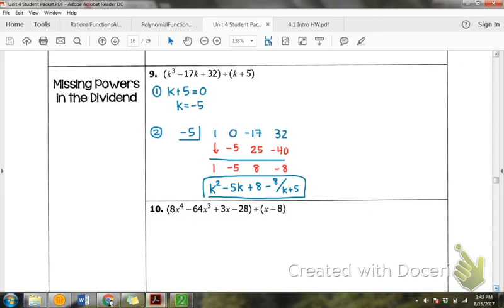So if you want to put an L next to them. 3, 5, 7, 9 on page 17 are all long division. 4, 6, 8, and 10 are going to be synthetic division. Okay? We're not going to do 11 and 12.